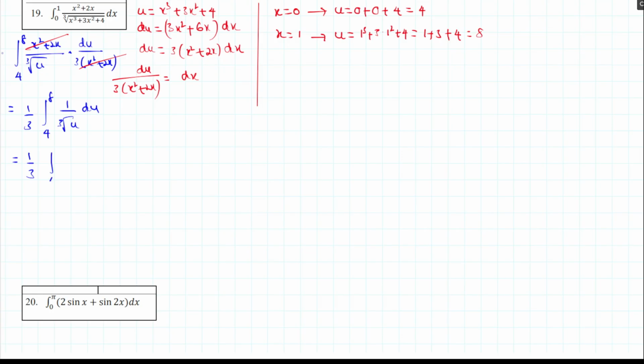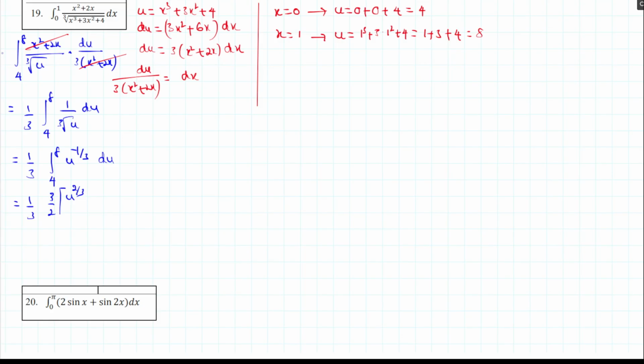This becomes the integral from 4 to 8 of u to the power negative 1/3 du, with the 1/3 outside. So u to the power negative 1/3 plus 1, that is negative 1/3 plus 3/3, which is 2/3. So u to the power 2/3 over 2/3, and dividing by 2/3 becomes 3/2.